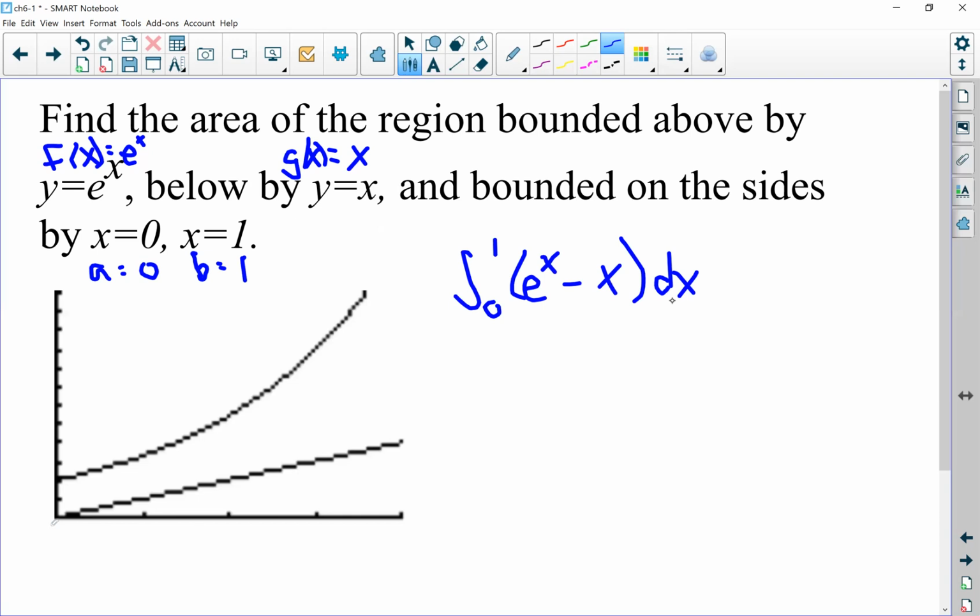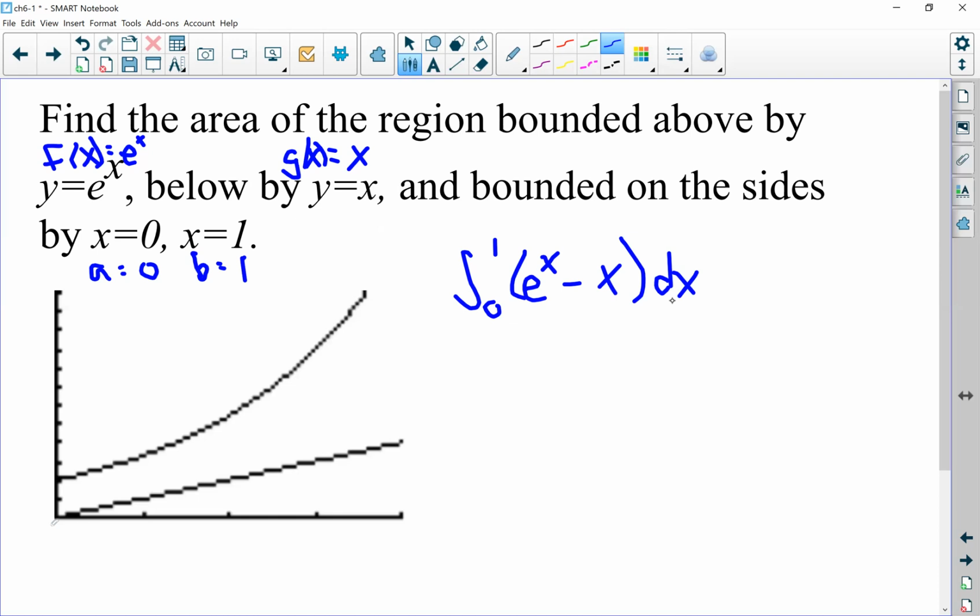So we call this finding the area between the two functions. And really what we're doing is we're finding the area under e to the x and subtracting the area under x. All right, so we're finding the whole area and then subtracting off that bottom part.